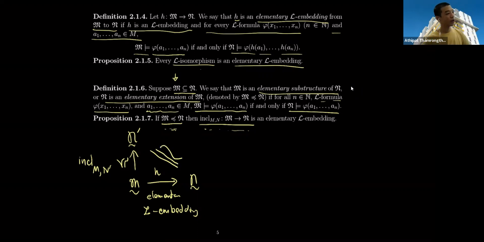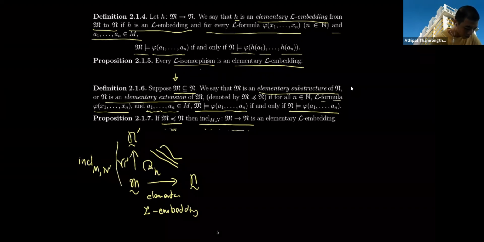There is an isomorphism between N and N', and N' is an elementary extension of M. This diagram commutes, which means that if you go this way, you get h, and if you compose with the inverse of this isomorphism, you get the inclusion map from M to N'.